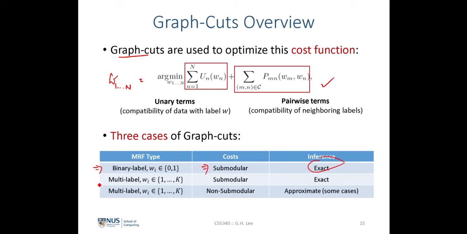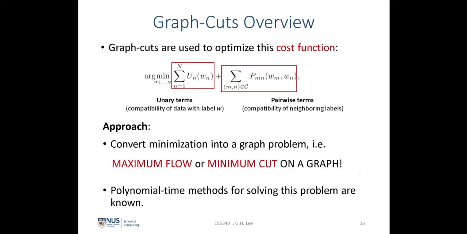As well, if W takes 1 out of K states, and it's also submodular, then exact inference is possible. In the case where it's taking a multi-label and non-submodular, then approximate inference is possible by using the alpha expansion algorithm, and this will only hold for some cases.